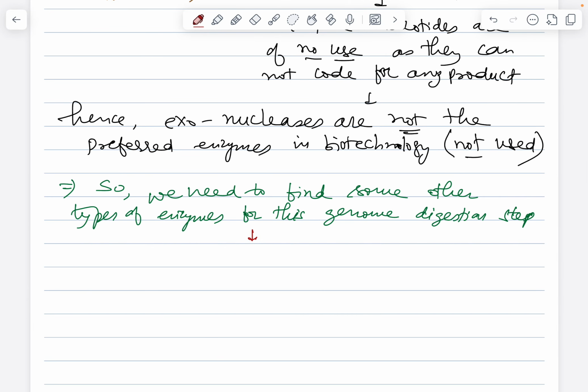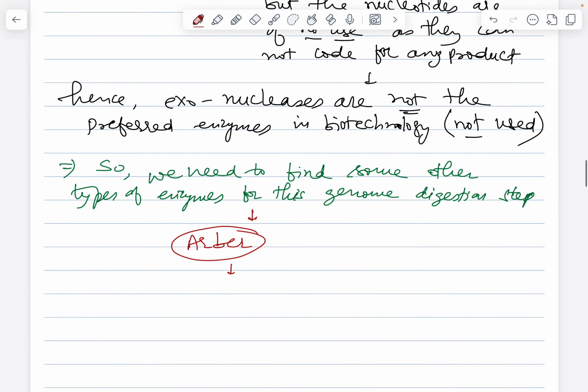Now, who found out these enzymes for us? Arber is the name of the scientist who worked on bacteria. What aspect of bacteria?